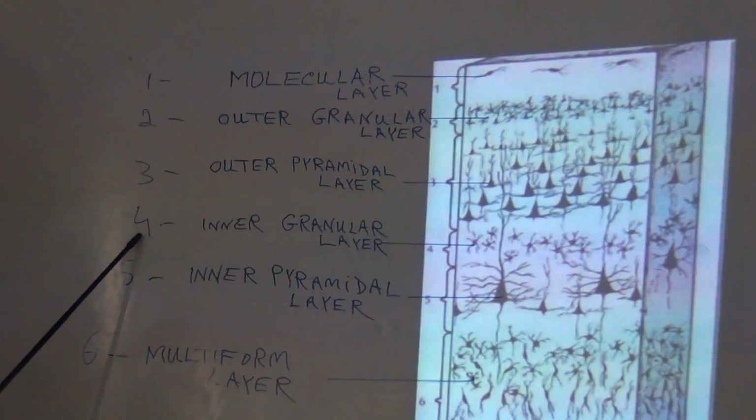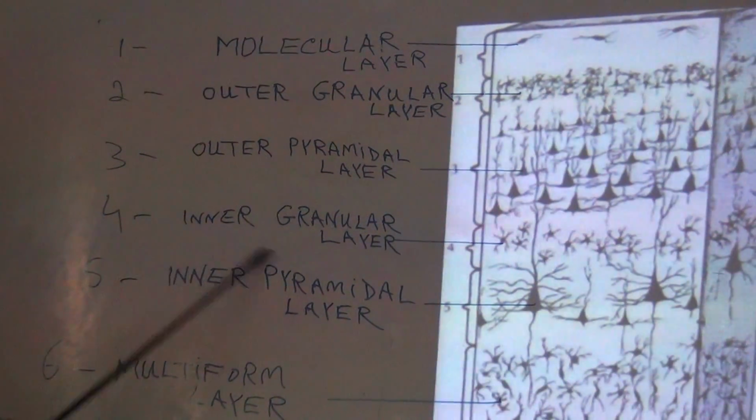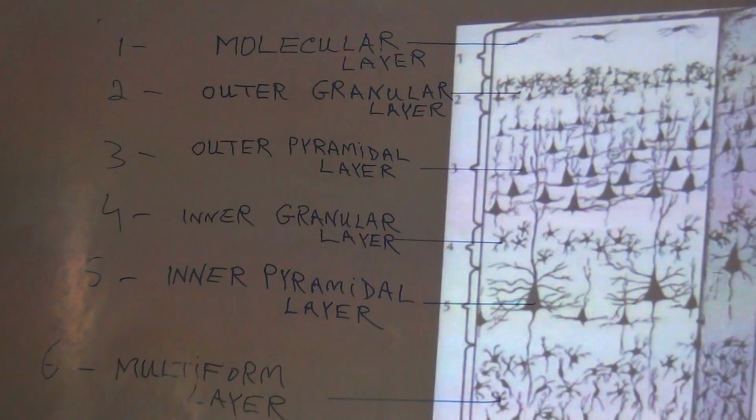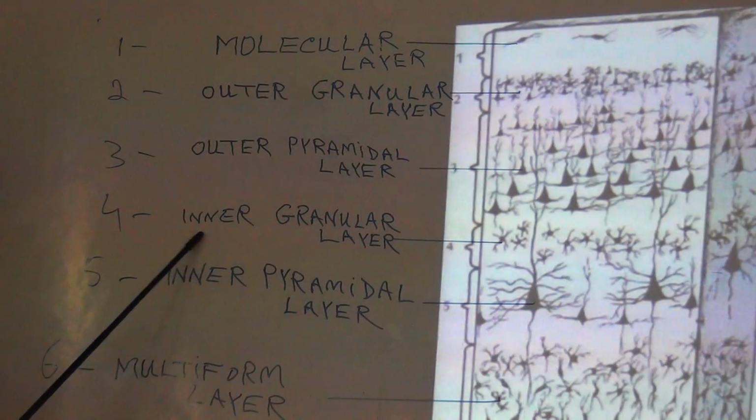Then the fourth layer is again formed by the granular cells, called the inner granular layer.